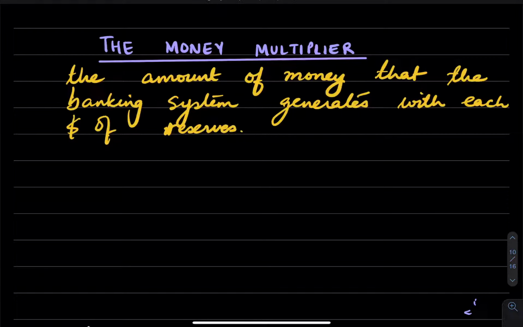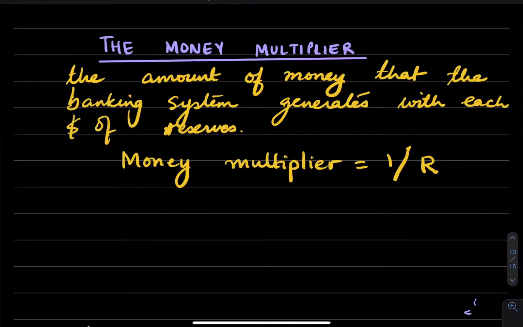So the formula for the money multiplier equals 1 over the reserve ratio, which is R.